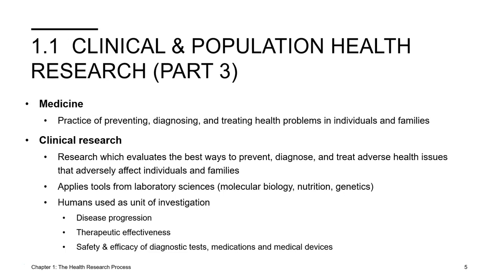It uses tools from laboratory sciences, such as molecular biology, nutrition, or genetics, among others. Humans are used as the unit of observation. As you will learn about in later chapters, clinical research is often considered human subjects research.